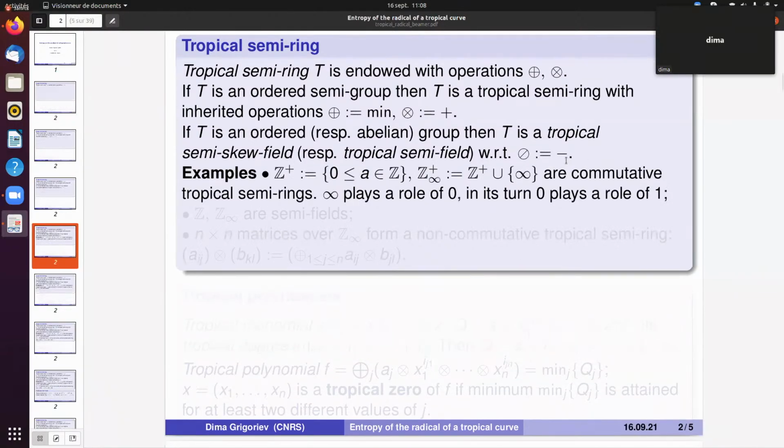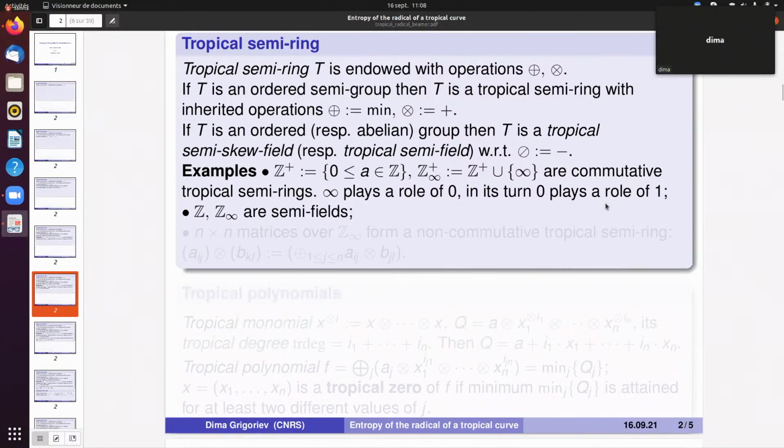A few typical examples of tropical semi-rings. The first example is the non-negative integers, or the non-negative integers with the added infinity. They are commutative tropical semi-rings. Infinity plays the role of the neutral element, and one can easily check the axioms. In its turn, zero plays the role of the unity.